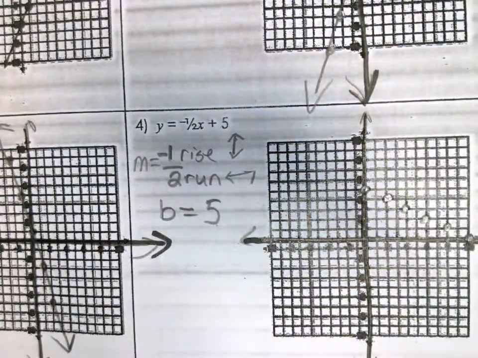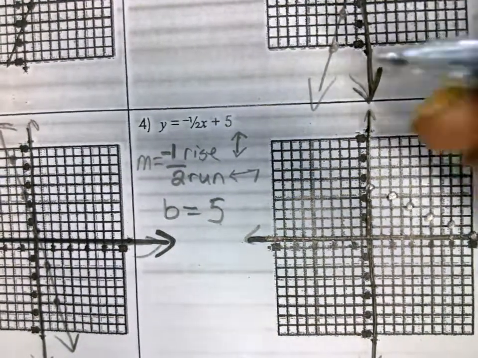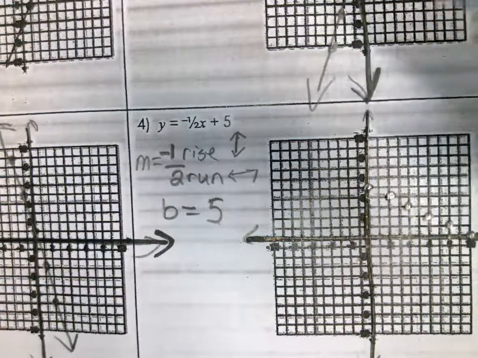So if rise is a negative number, is that up or down? Up. Negative? No, I said up. I know. Up is positive, down is negative. No, up is up and down is down. Okay? Don't listen to Riley. You know how he gets sometimes.